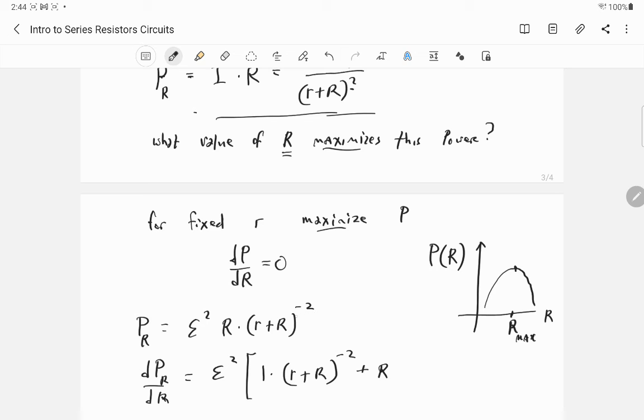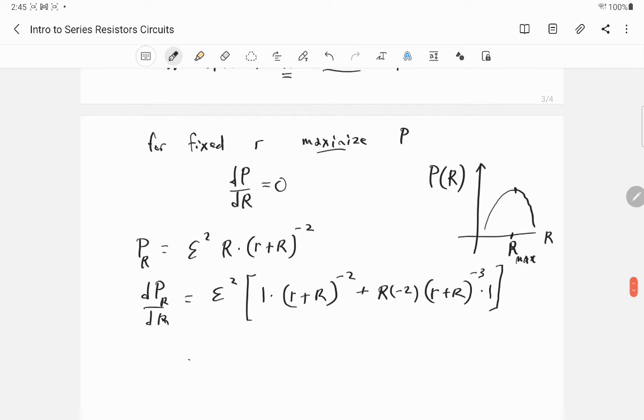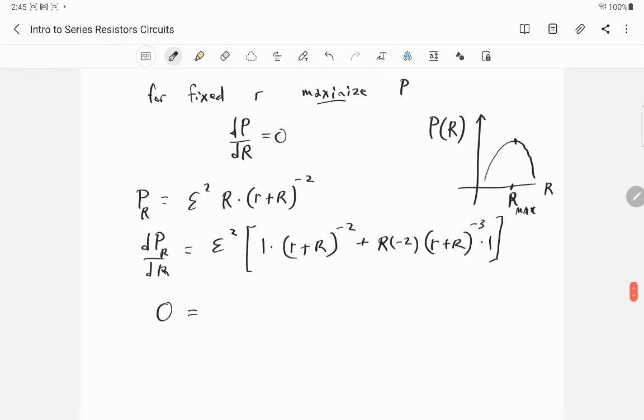But the derivative of the second has the exponent, so the exponent comes down, right? It's a negative 2, and then you get (r + R). You have to reduce the exponent in the derivative, and then you multiply by the derivative of the inside, but the derivative of the inside with respect to capital R is just another factor of 1, and all of that is together. And we're setting all of this to 0.